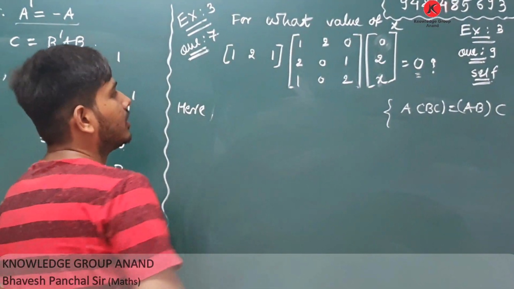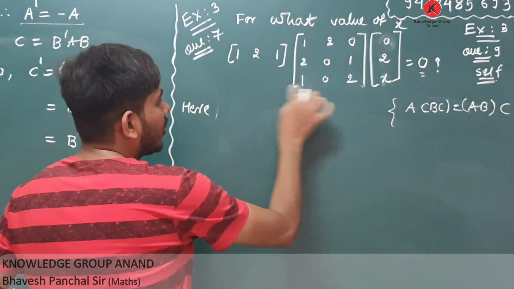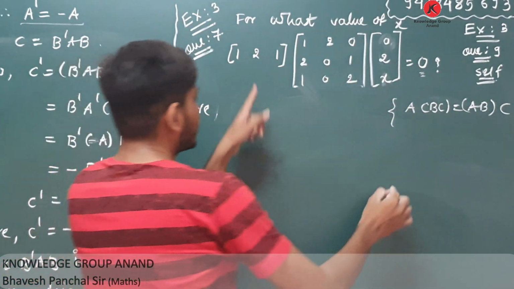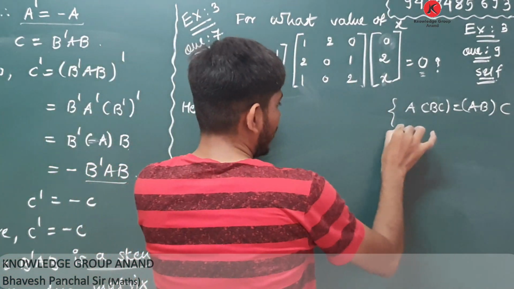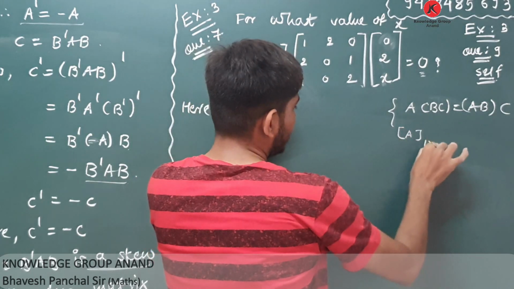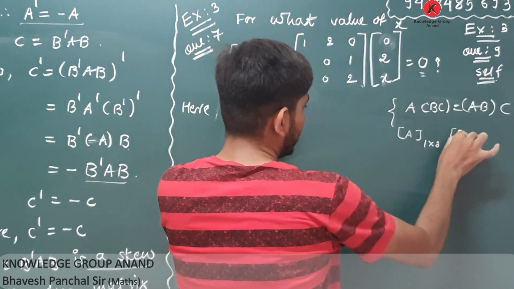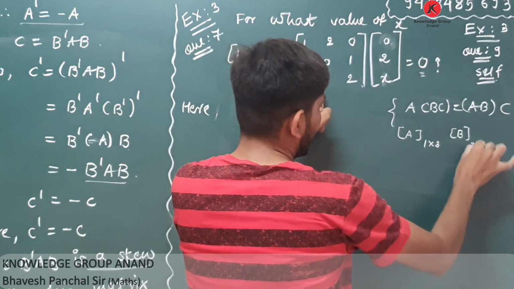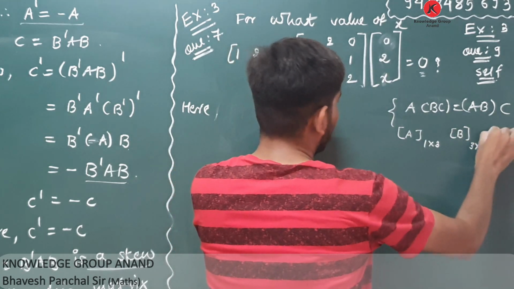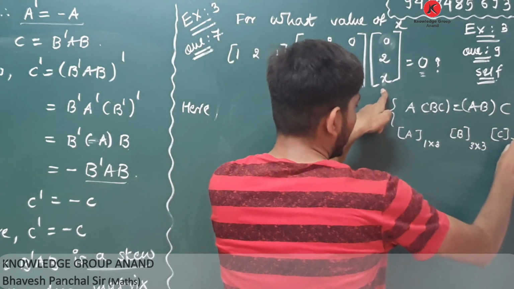Okay. Now, see what is the order of the matrices. I am considering this as matrix A of order 1 by 3, matrix B of order 3 by 3, and matrix C of order 3 by 1.